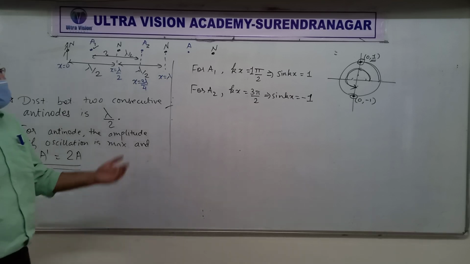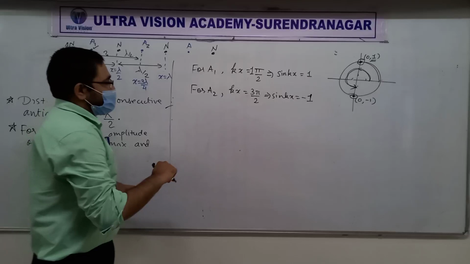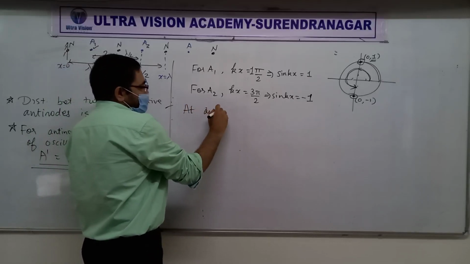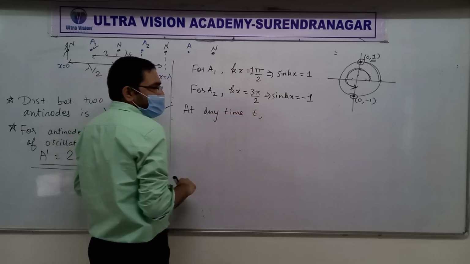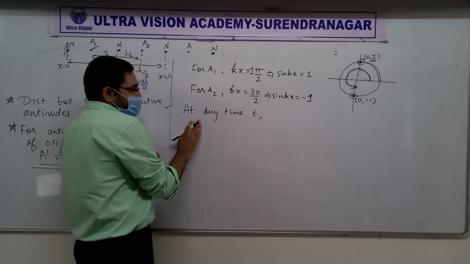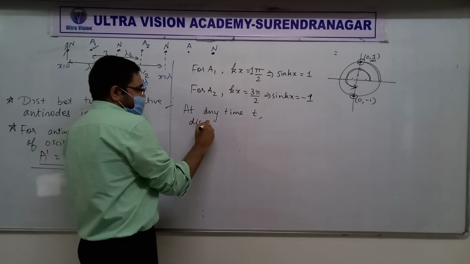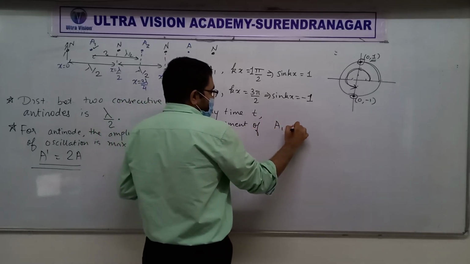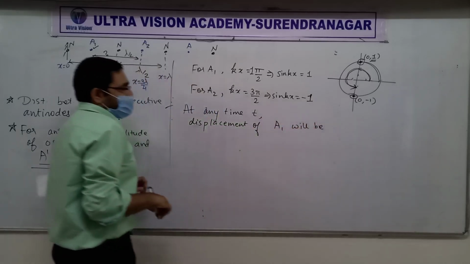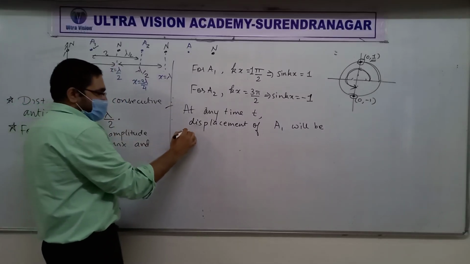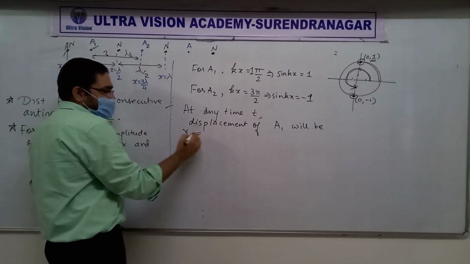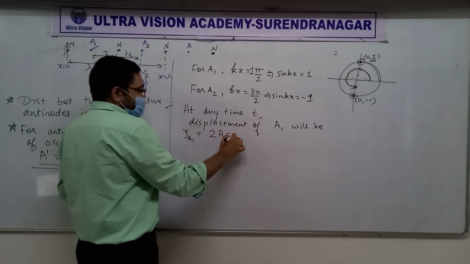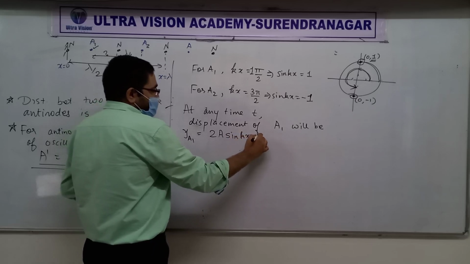Now, if we write the equations at any time t, the displacement of A1, I am writing it as y of A1, will be, let's use the formula, 2A sin kx cos omega t.